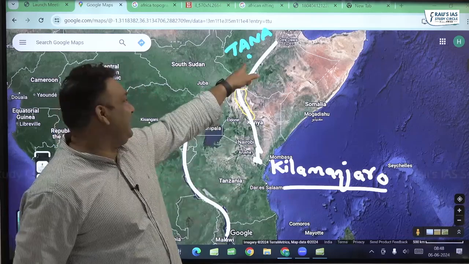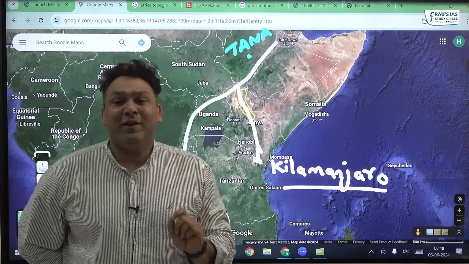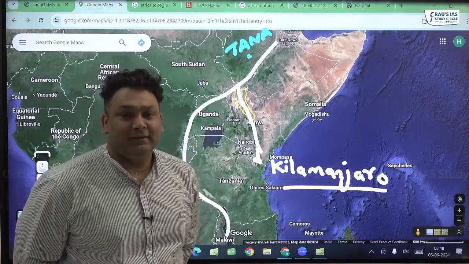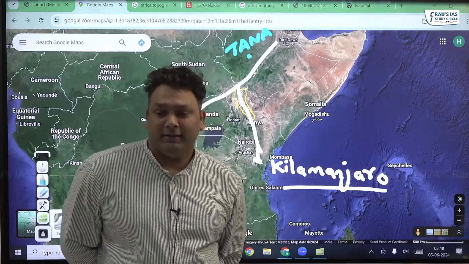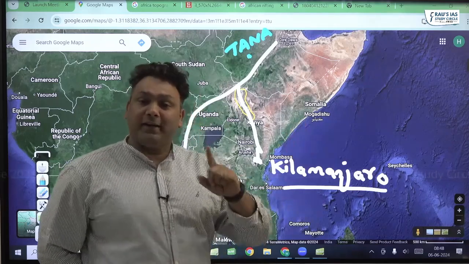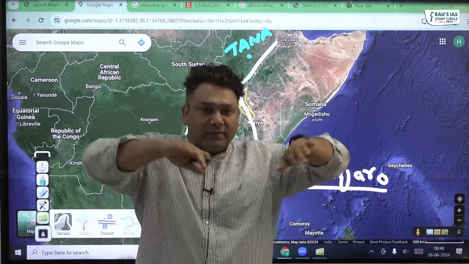Okay. Now let's see how this lake has been formed. This lake is important because the Blue Nile's origin is Lake Tana. Now, how has this lake been created because of rifting? When you have rifting, you have these volcanic eruptions.